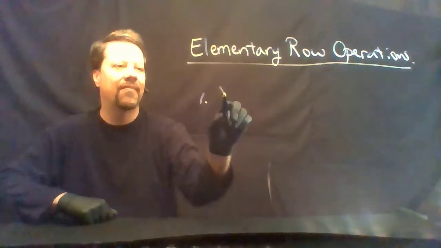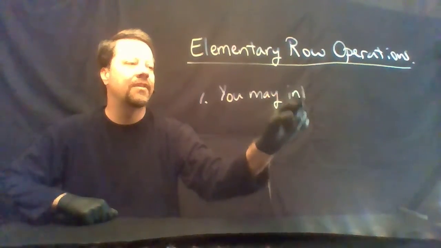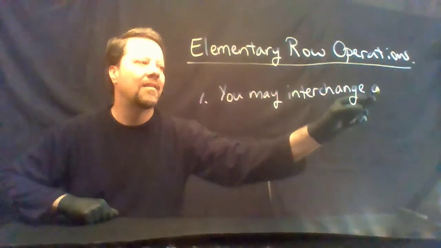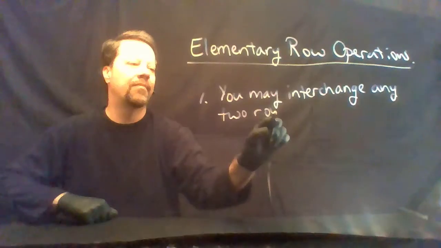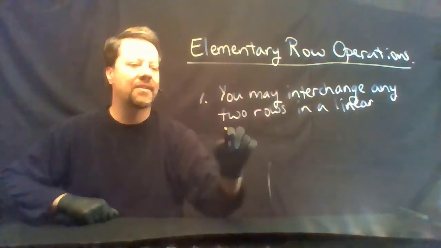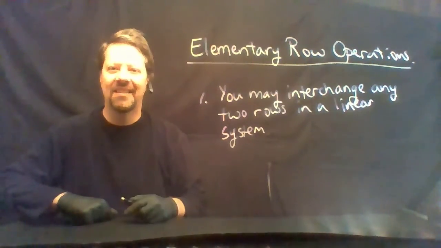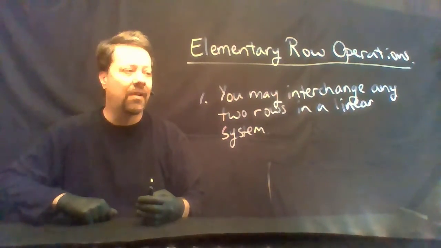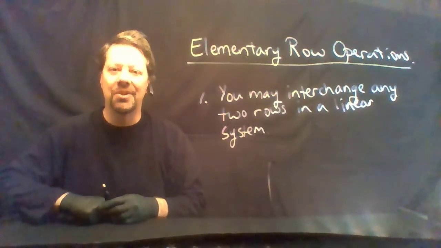First, you may interchange any two rows in a linear system, any two equations. That should not change the solution set. If all you're doing is changing the order in which you're listing the equations, the solution set remains unchanged.